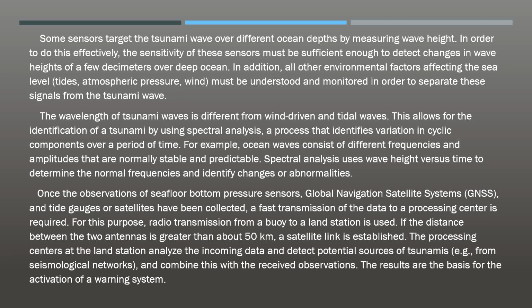If the distance between the two antennas is greater than about 50 kilometers, a satellite link is established. The processing centers at the land station analyze the incoming data, detect potential sources of tsunamis, and combine this with the received observations. The results are the basis for the activation of a warning system.